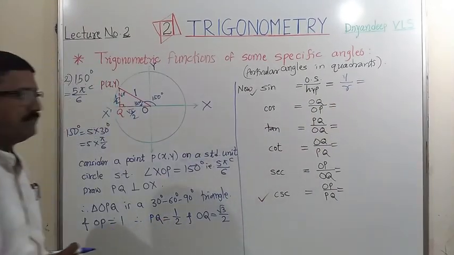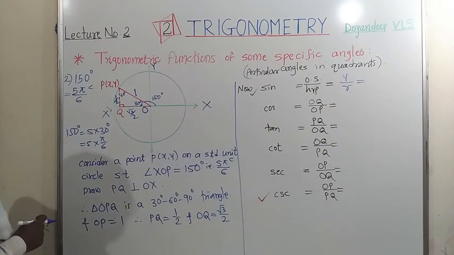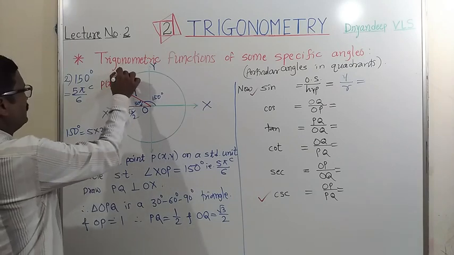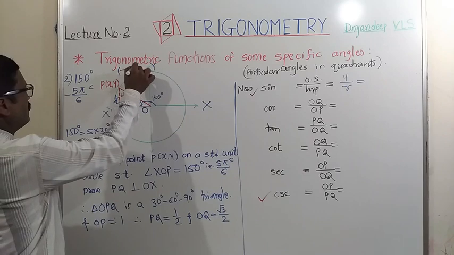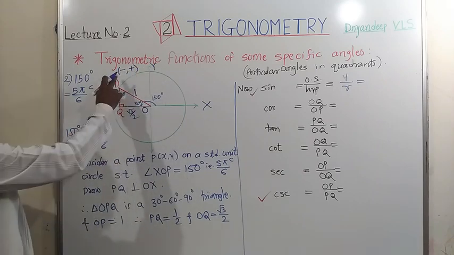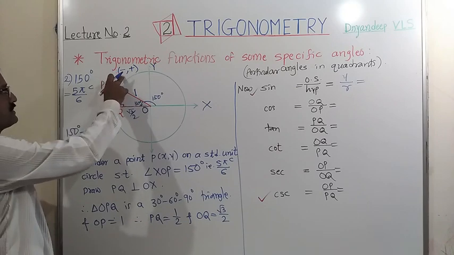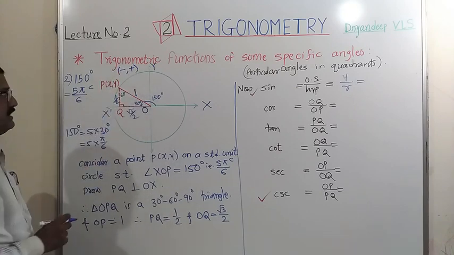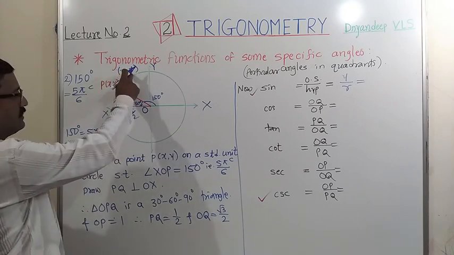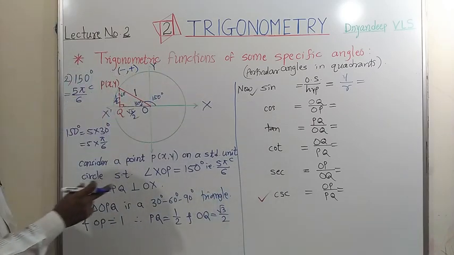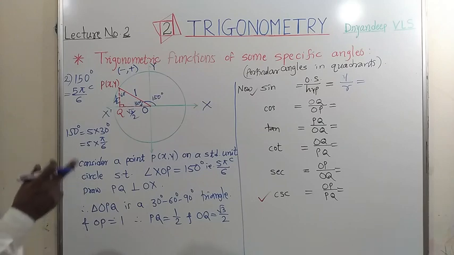In this second quadrant, x is negative and y is positive. Signs are negative, positive: the first is for the cos ratio, the second sign is for the sine ratio. So sine is positive. Obviously, whenever sine is positive, cosec will be positive. So now, instead of these sides, we will take x, y and r.